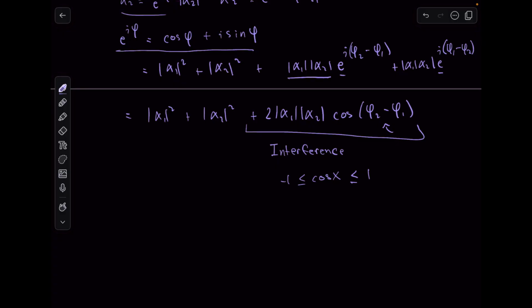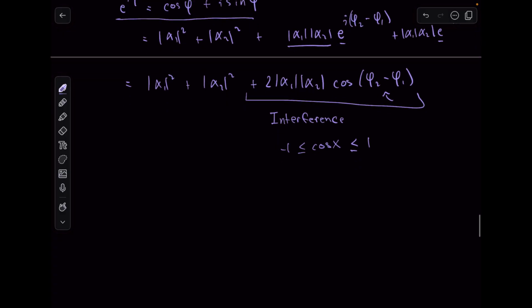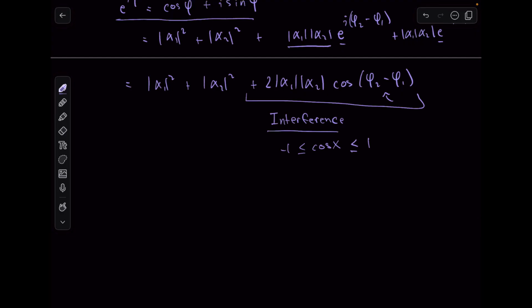Because if we can prepare a state that has a bunch of different paths that it could evolve from, and we let it evolve, if we're clever, we can make it such that this interference term computes things for us across the entire state, across the entire superposition of states. And this might not seem clear at first, but just know that pretty much everything in quantum computing is based around this idea of making use of interference across multiple states.